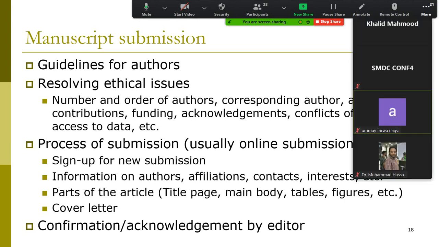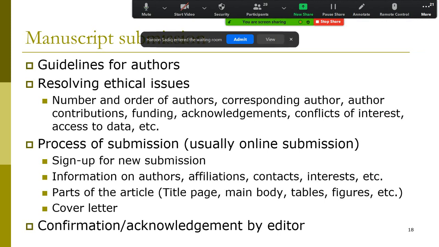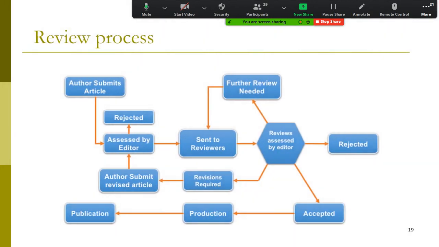There must also be a cover letter to the editor, where you can humbly request the editor to consider your article for publication. Once you press the submit button, you will get an automatic acknowledgement, and after some time, maybe 1-2 days or 3 days, you will get an email from the editor to confirm the submission of your article. What is happening after that? So here is the review process.